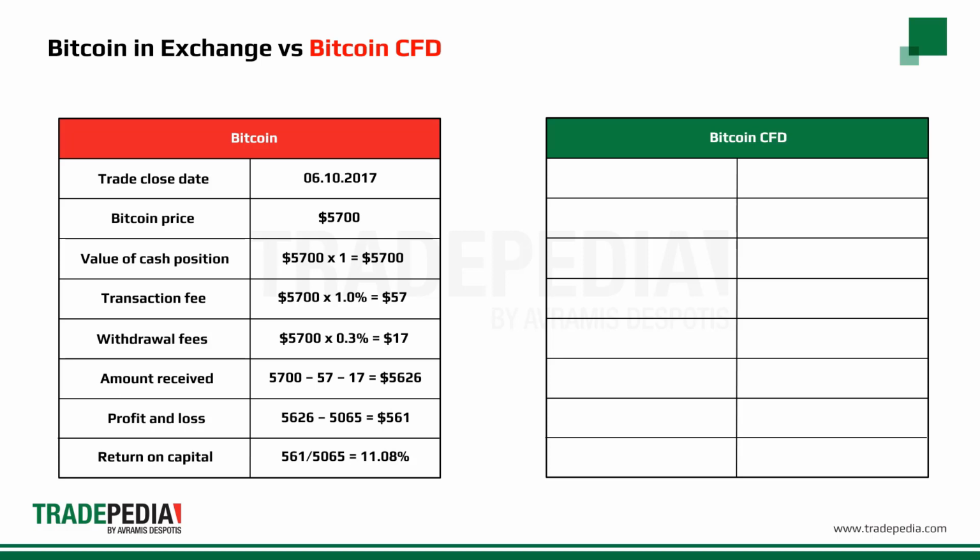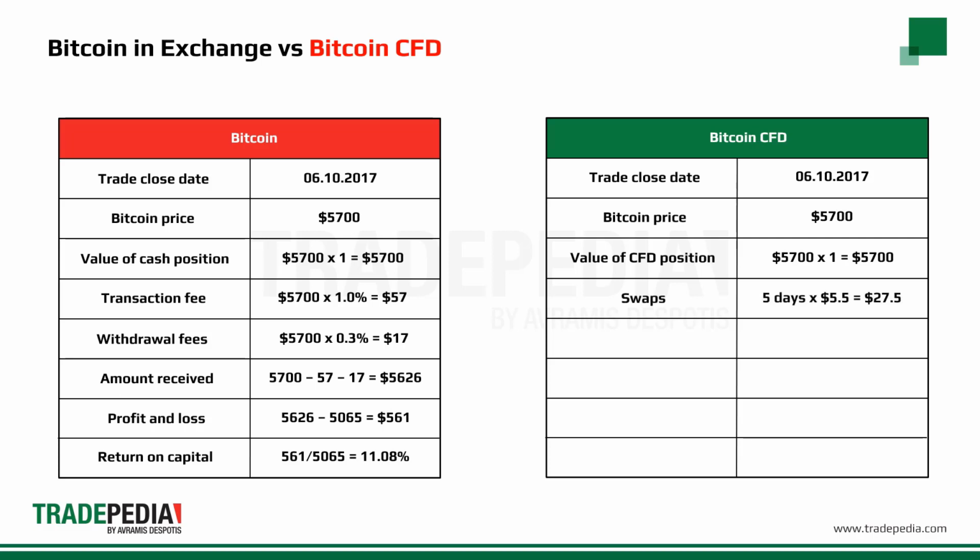Now let's look at what happens when we close the Bitcoin CFD position at the same time. The Bitcoin CFD price has also gone up to $5,700. The value of our position now equals 1 times 5,700 equals $5,700. On the CFD, there are no transaction and withdrawal or other fees, but we pay swaps, which is the cost of holding the position overnight.